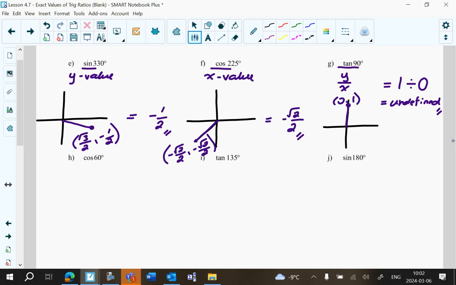You'll get it at 90, and you'll get it somewhere else. You'll get it here because it'll be negative 1 divided by 0. So the tan of 90 and the tan of 270 will always be undefined.